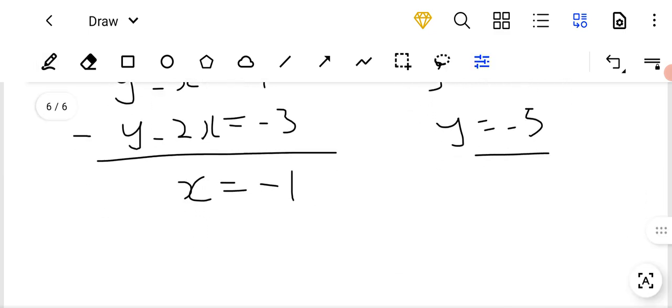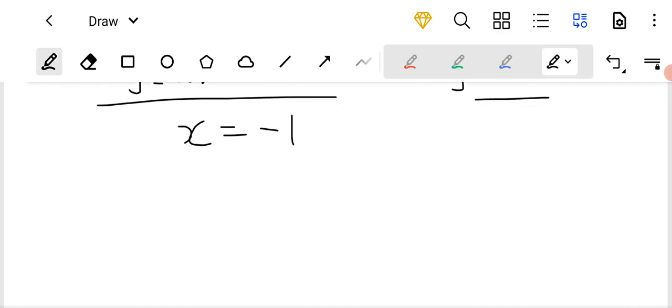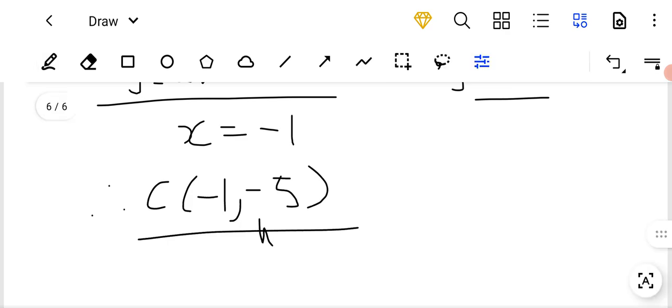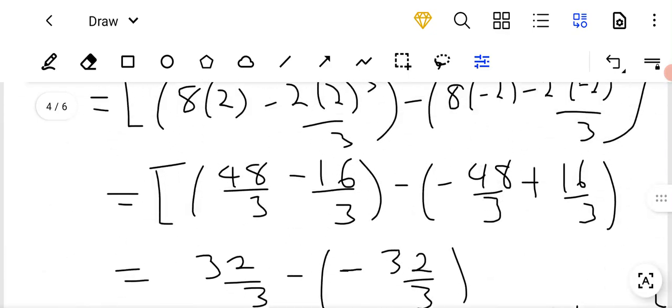And therefore these are the coordinates of C. Therefore, your C is (-1, -5) as your final answer. And if you follow the working or the methods given, you would get your 7 marks.